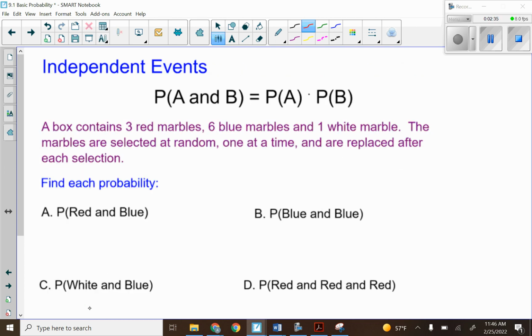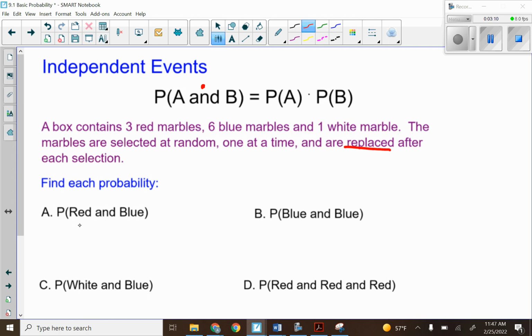So when we have independent events, we are finding P of A and B. So when we see and, we want to think multiplication. We are going to multiply the probability of A and the probability of B. So I have a box that contains 3 red marbles, 6 blue, and 1 white. The marbles are selected at random, one at a time, and are replaced after selection. So that's why these are independent, because we are replacing the marble.